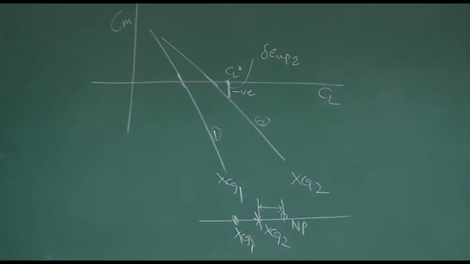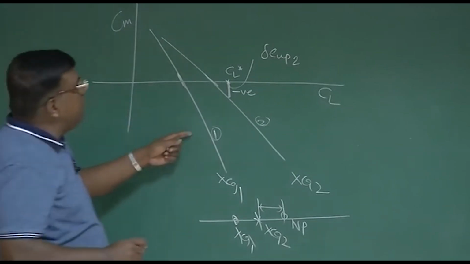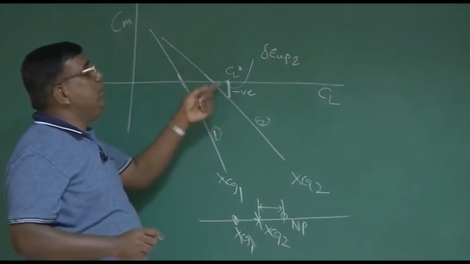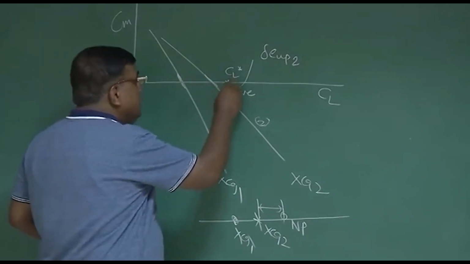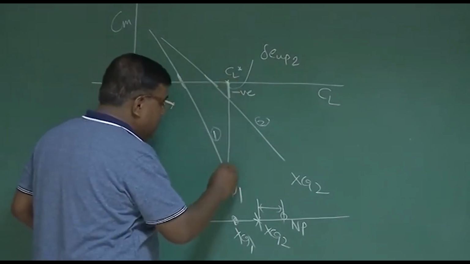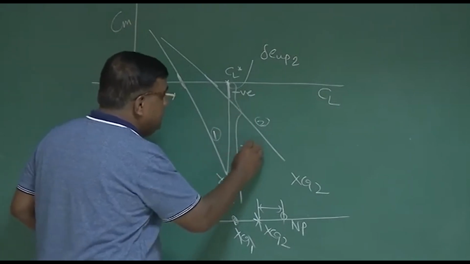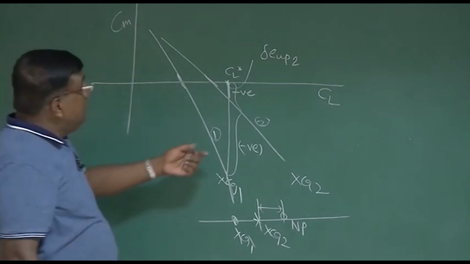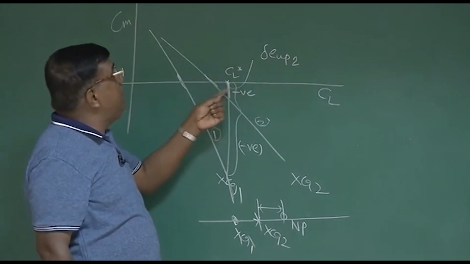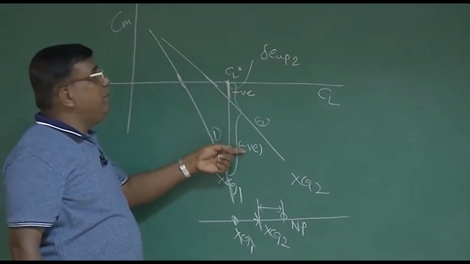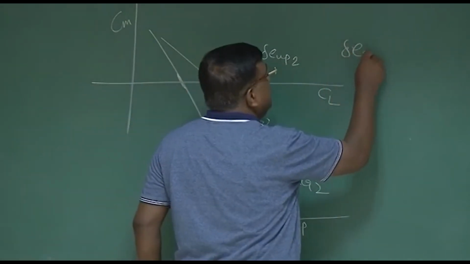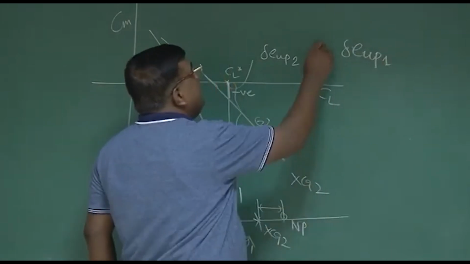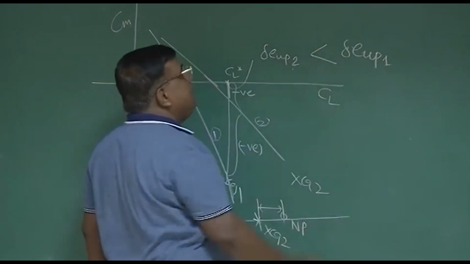Now at the same CL star, if I want aircraft 1 to fly trimmed, with lift equal to weight and thrust equal to drag, this much negative pitching moment will be generated. That means I have to deflect the elevator much higher compared to the previous case to nullify this negative pitching moment. Let's say that is delta E up 1, and delta E up 2 is definitely less than delta E up 1.